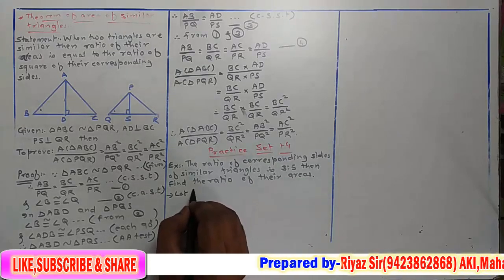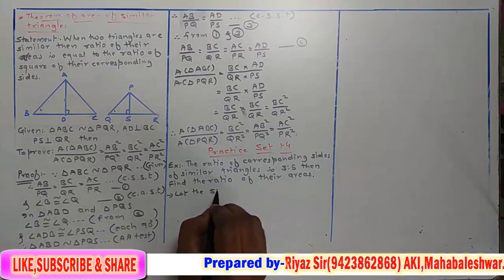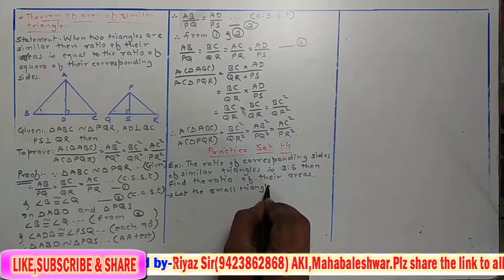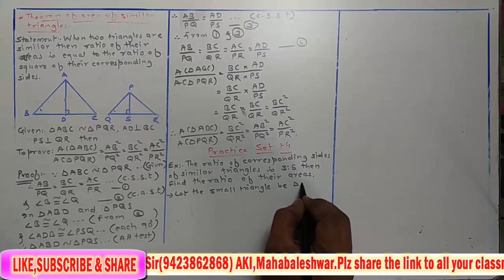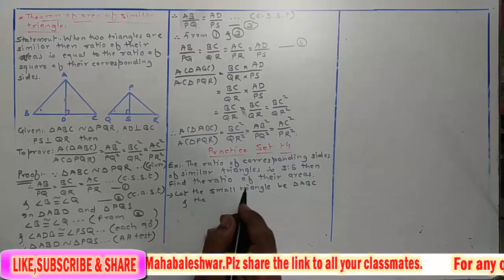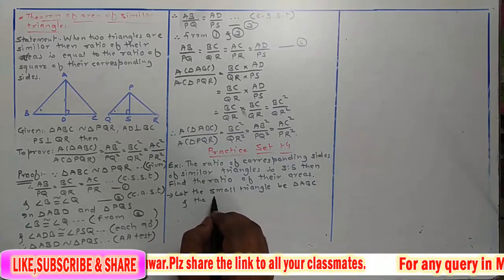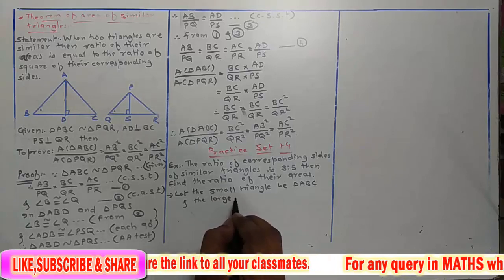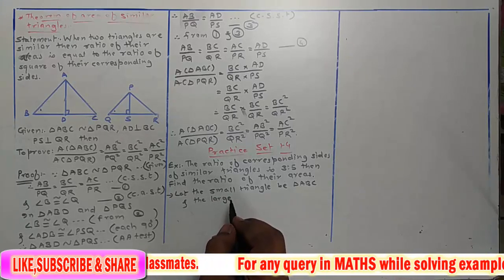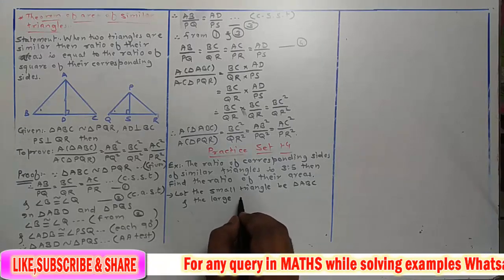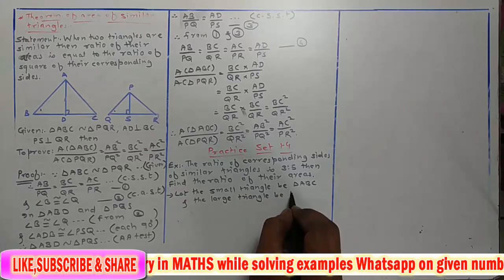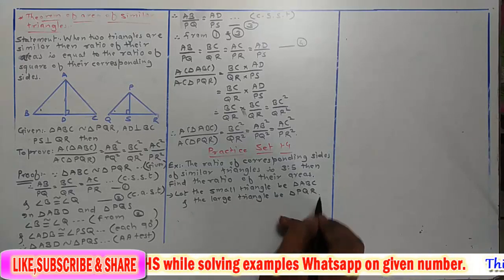So let the small triangle be triangle ABC and the large triangle be triangle PQR.